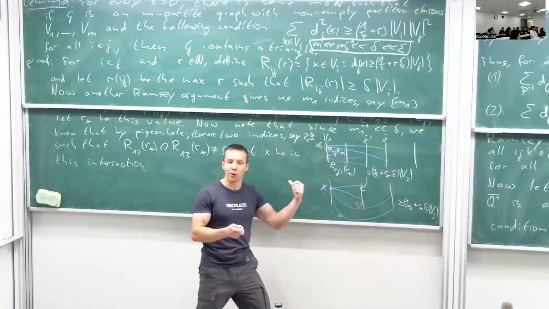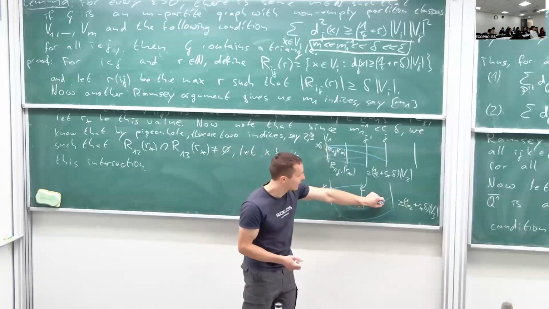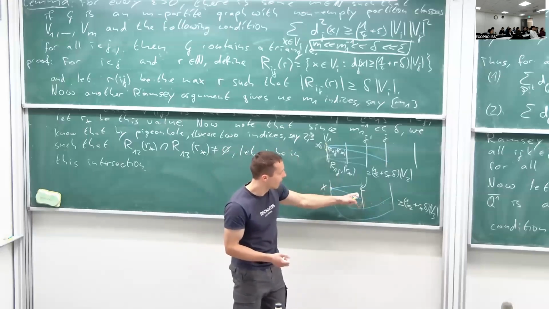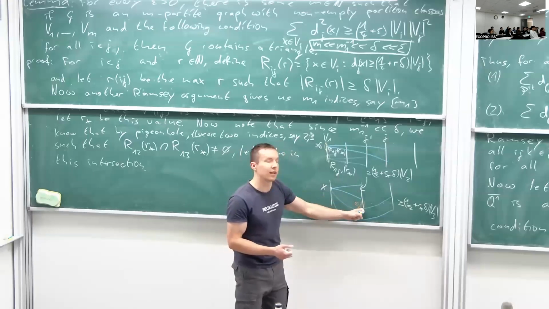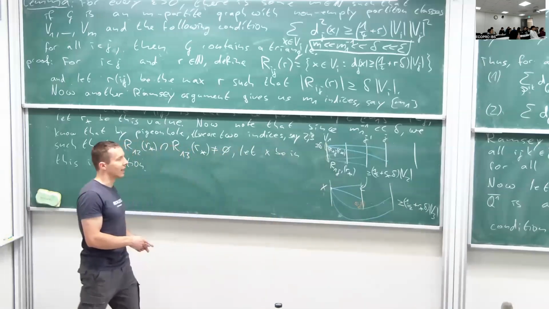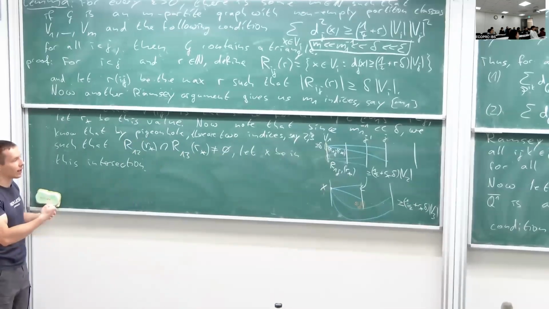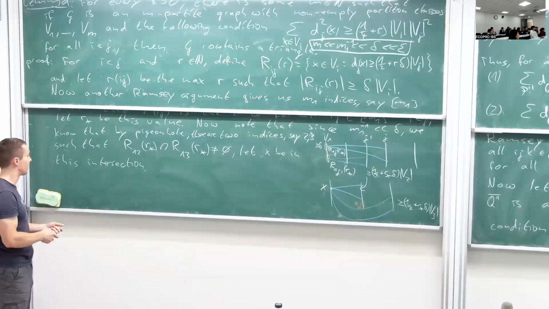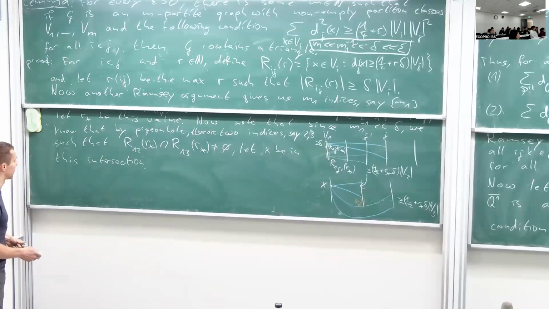So what I said before is that if our r star gets larger, then the bound on the degree of these vertices is better. And if it gets smaller, the bound on the degree of these vertices is better. And as it turns out, this gives that for each r star, we will get a contradiction if we don't have a blue edge in there. And because the calculation is actually quite simple, let's maybe do that.